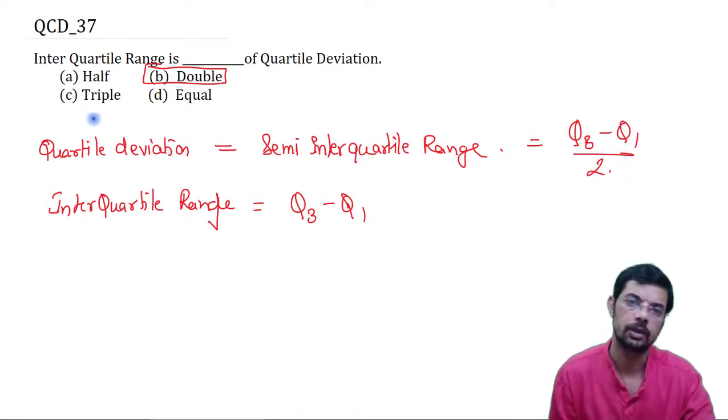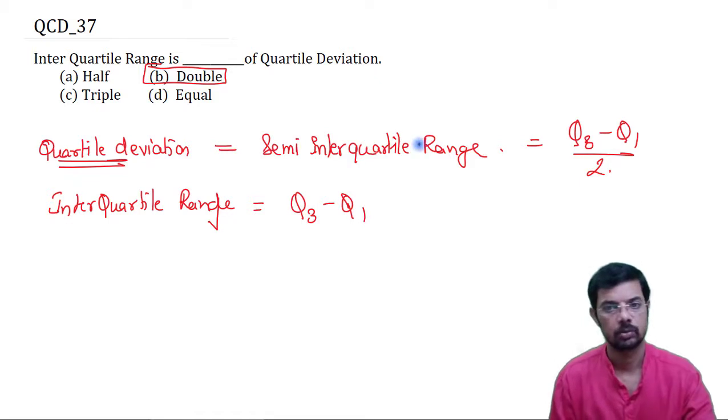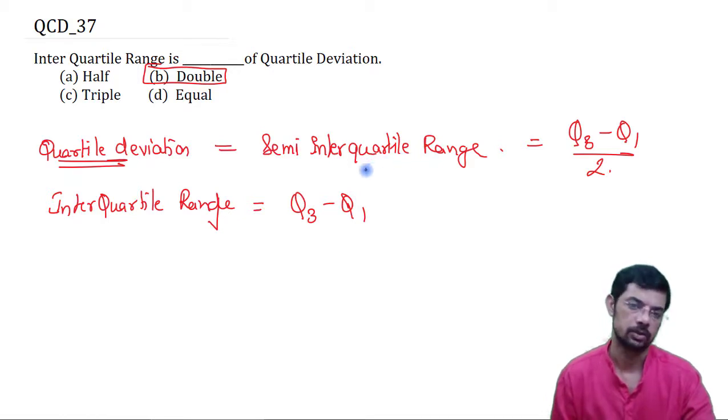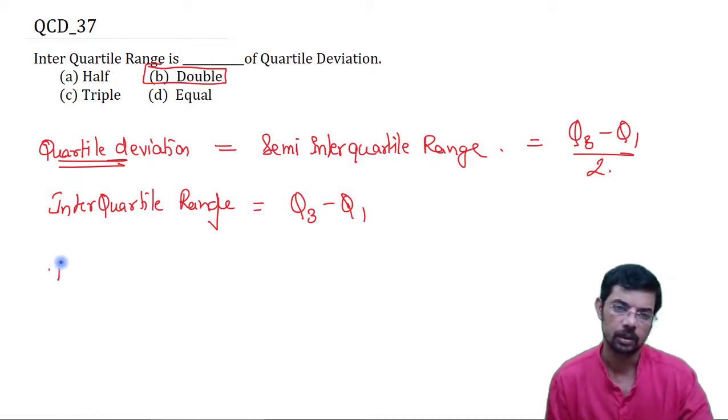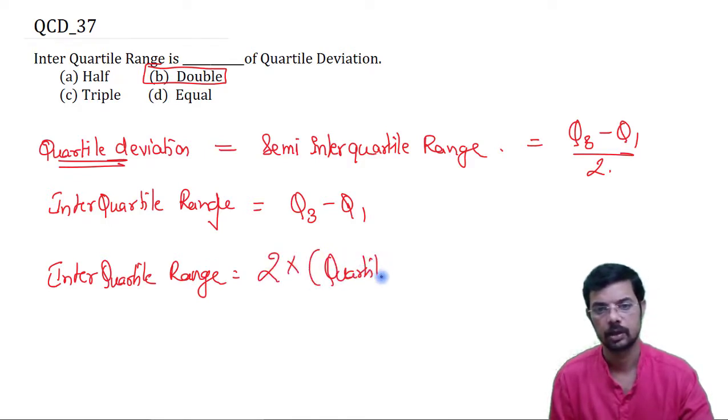This is called the quartile deviation. So you should understand that quartile deviation is also known as semi-interquartile range. Therefore, interquartile range will be double the semi-interquartile range, that is, double the quartile deviation.